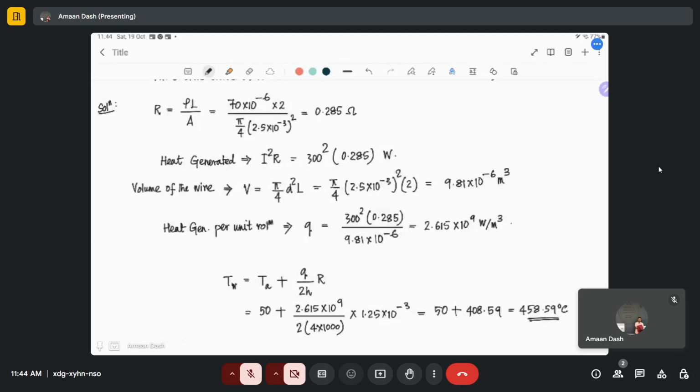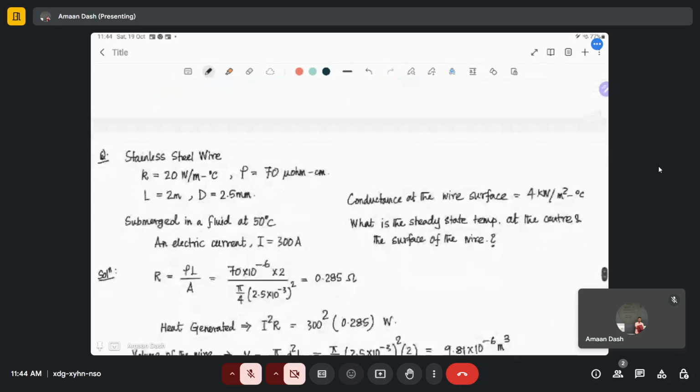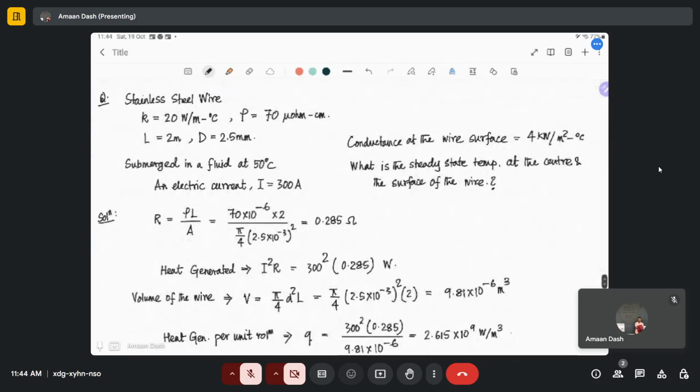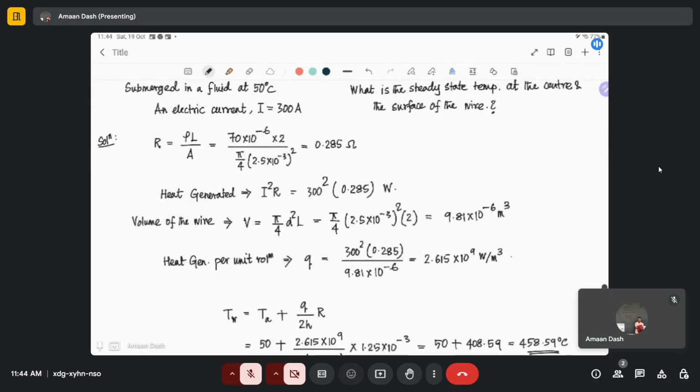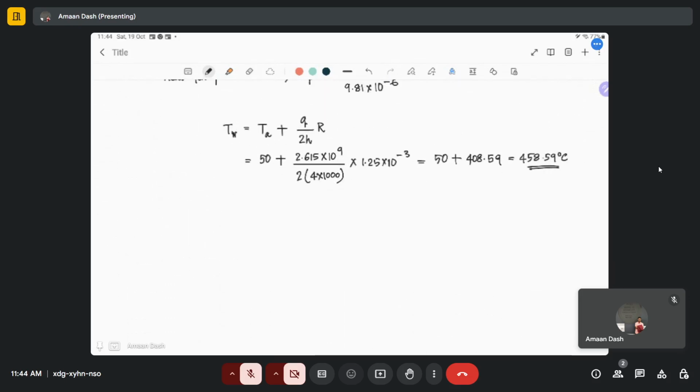Okay, so this is the surface temperature. And the next is to find the steady state temperature at the center. So that is also the maximum temperature.